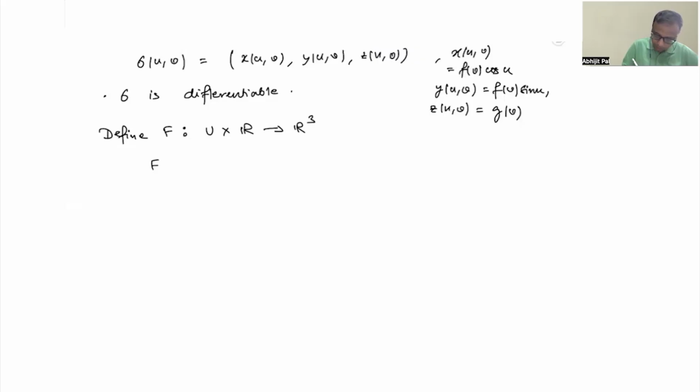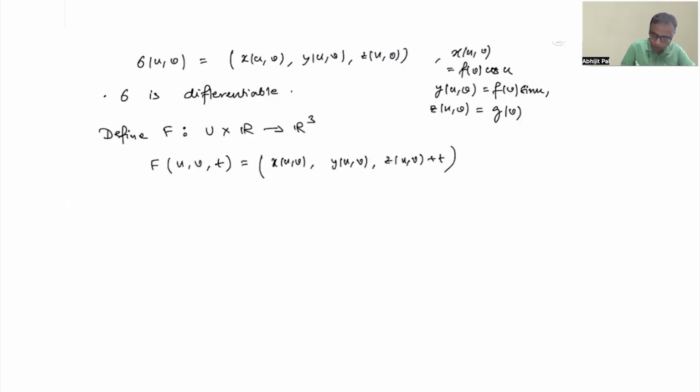So F of (u,v) comma t, this is defined to be equal to (x(u,v), y(u,v), z(u,v) plus t). Okay.